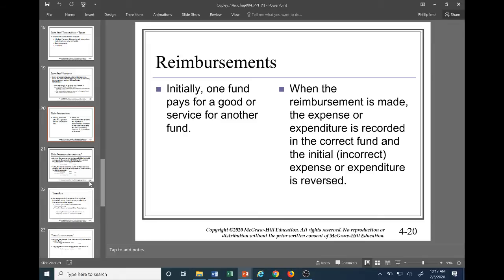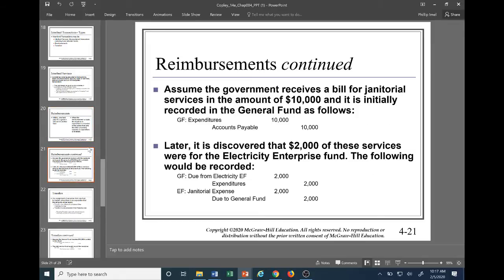So let's look at what that's going to look like journal entry wise. Assume the government receives a bill for janitorial services in the amount of $10,000, and it is initially recorded in the general fund as follows. We're going to have a debit of expenditures of $10,000, and then a credit to accounts payable of $10,000, because we just received the bill.